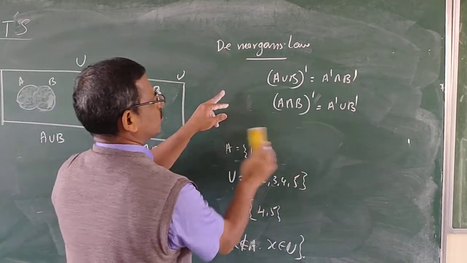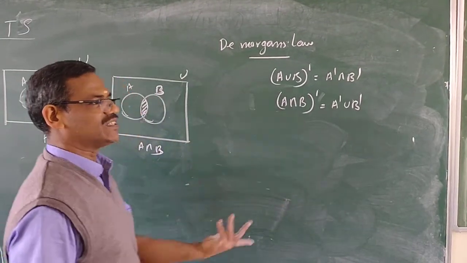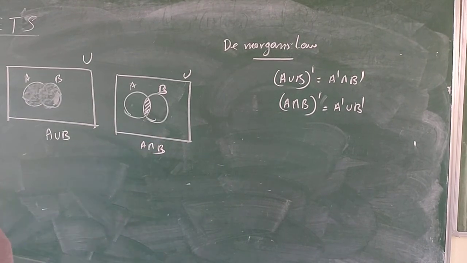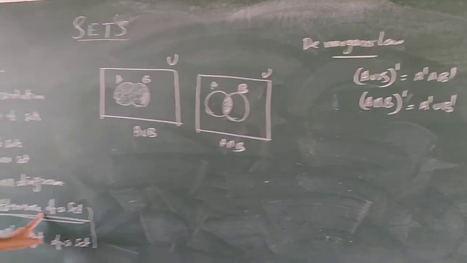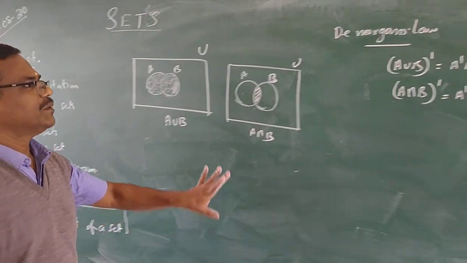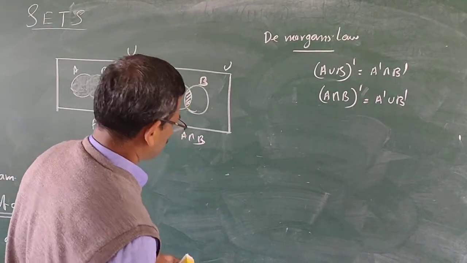These rules are called De Morgan's laws, and you can verify this result by taking any two sets A and B. So even though the difference of two sets and the complement of a set are not in the syllabus, it is better to have an idea of these two concepts.